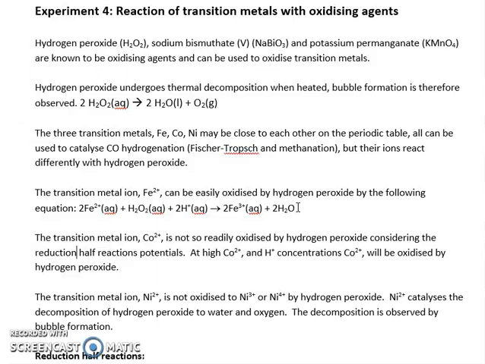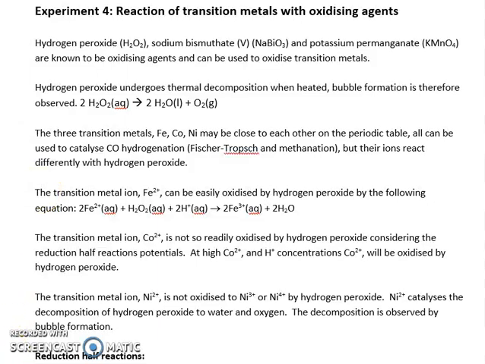So our oxidation state has changed from -1 to -2. So the oxidation state has decreased. So the oxygen has undergone reduction. Your iron has undergone oxidation, your oxygen has undergone reduction. So we have a redox pair. So this is a redox reaction.